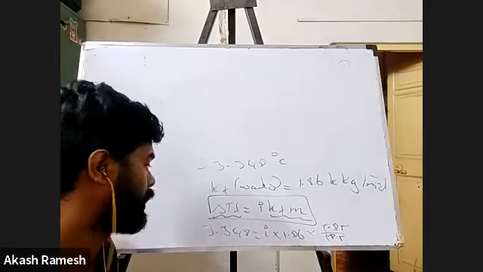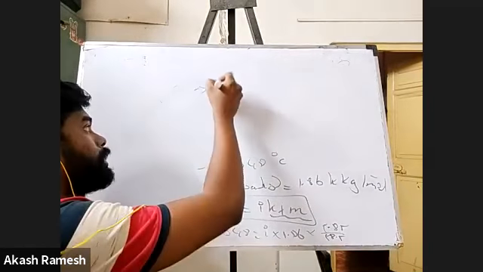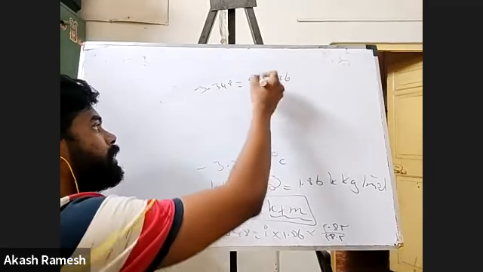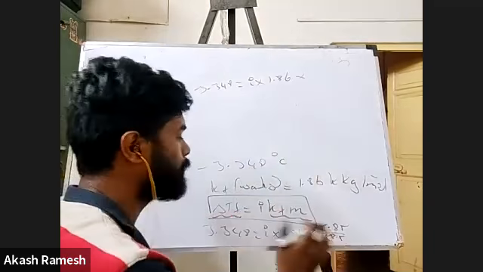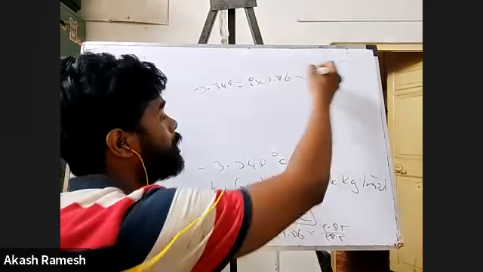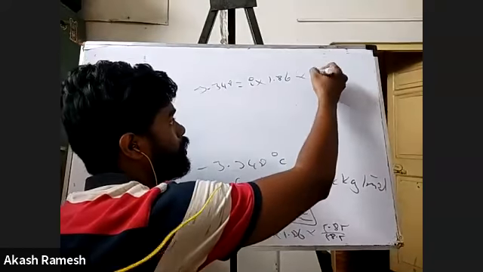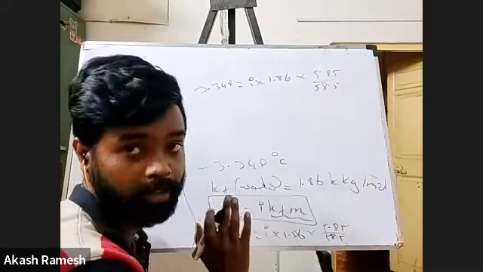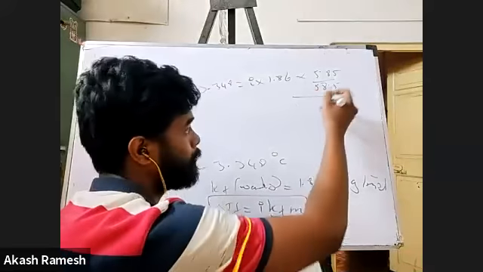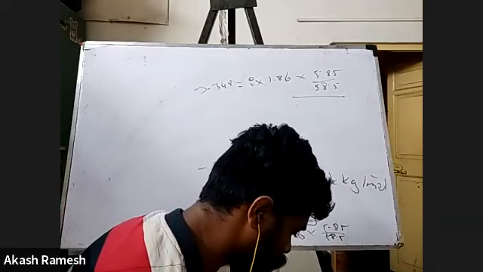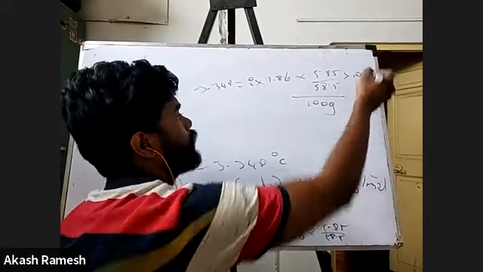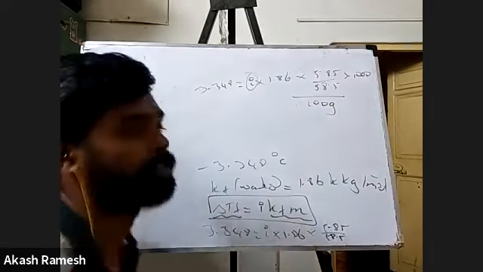So I'll write it like this: 3.348 is equal to i into 1.86, that is Kf into m. Molality will be the number of moles, that is 5.85 divided by 58.5, divided by the mass of solvent. The mass of solvent is 100 grams of water, so 100 divided by 1000. That's it. So this is the fact.